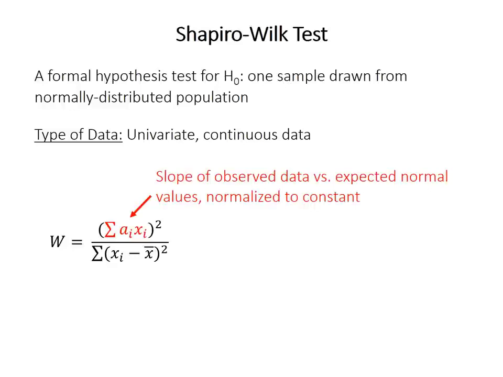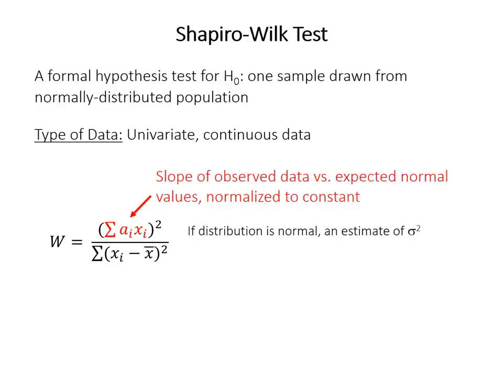So the test calculates a statistic called W. And the numerator of this equation here, the sum of a_i times x_i, squared, that sum is basically the slope of the QQ plot, the slope of the observed data versus the expected values from a normal distribution. It's normalized to a constant and whatnot. So basically, yes, this is the slope of the QQ plot squared.